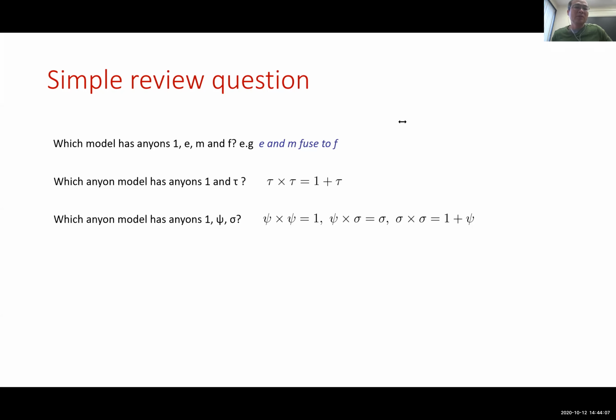The second question: which anyon model has just two anyons, the vacuum identity and one other anyon, and when you fuse two of the non-trivial anyon, it becomes vacuum or the anyon itself?